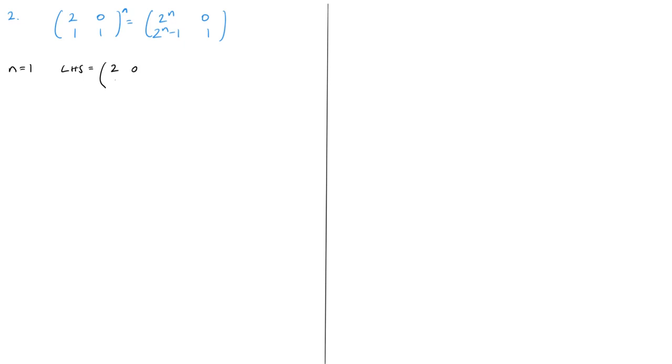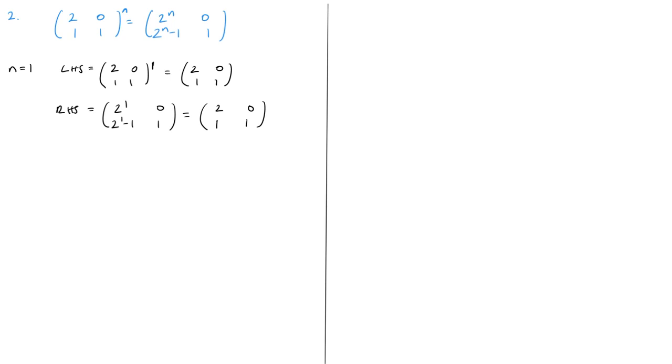2, 0, 1, 1 to the power 1 is 2, 0, 1, 1. And then the right hand side, 2 to the power 1, 0, 2 to the power 1 minus 1, and 1. So this leaves me with 2, 0, 2 take away 1 is 1, and that one is 1. So there we have our first step.